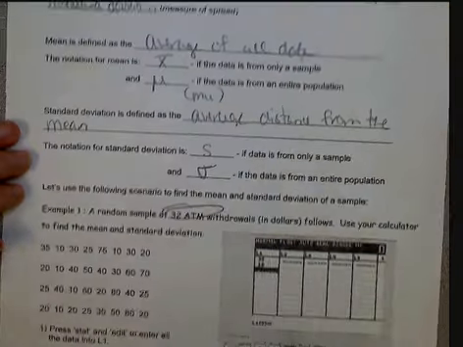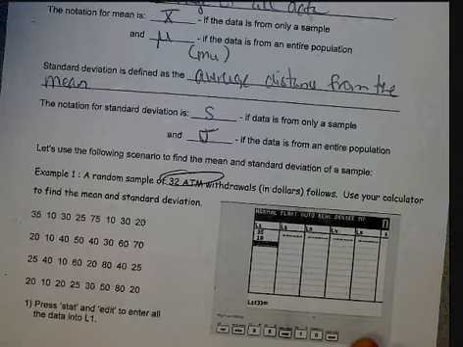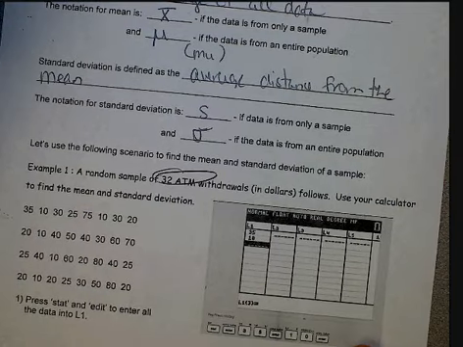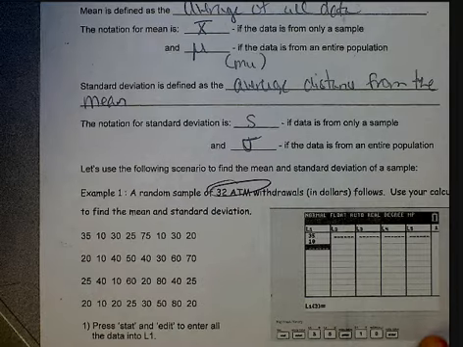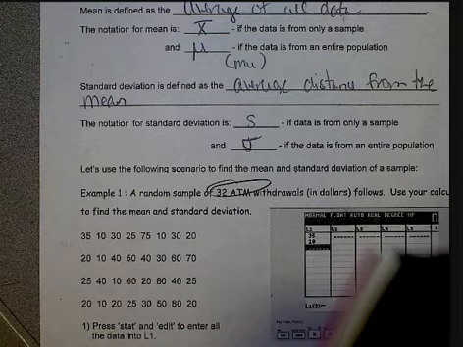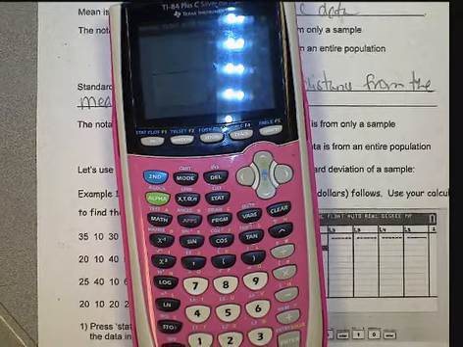So we have the following situation. We have information about how much money is withdrawn from an ATM, and we sampled 32 withdrawals. You have this on your paper. I'm going to go straight to my calculator, and I have already inputted this into my calculator.